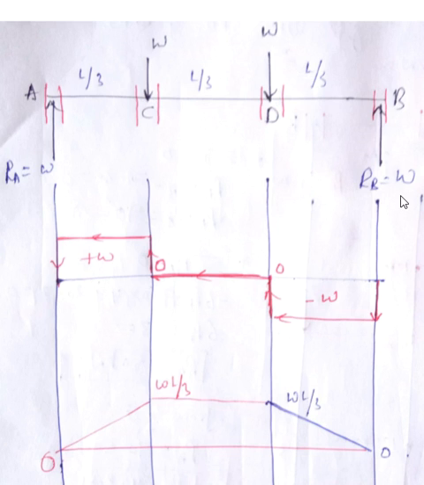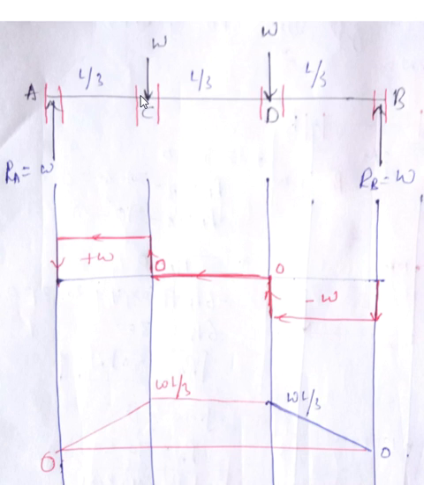Here we were having plus W into 2L by 3, minus, because it is bending the beam downward, minus W into L by 3. There is a force here, but the perpendicular distance is 0.